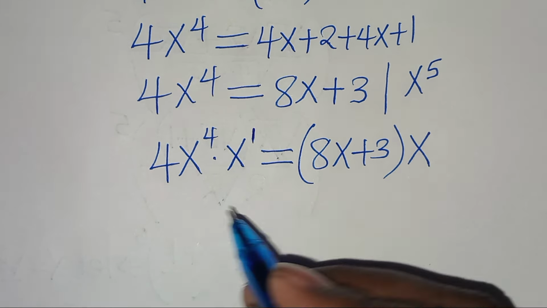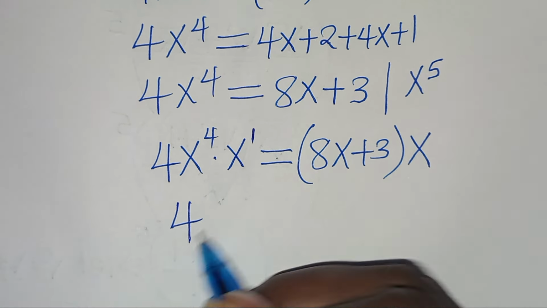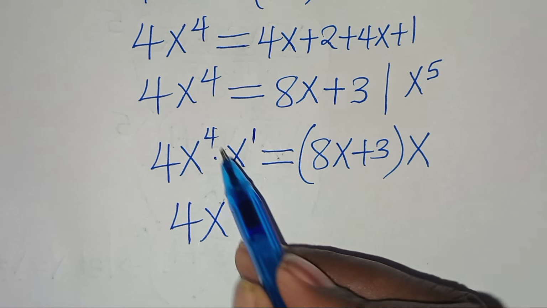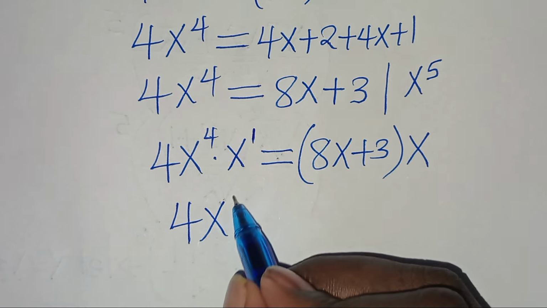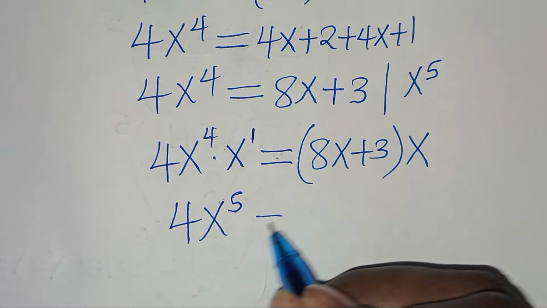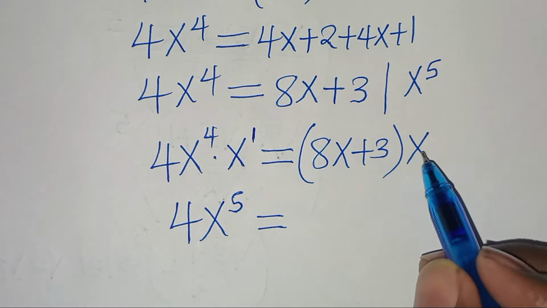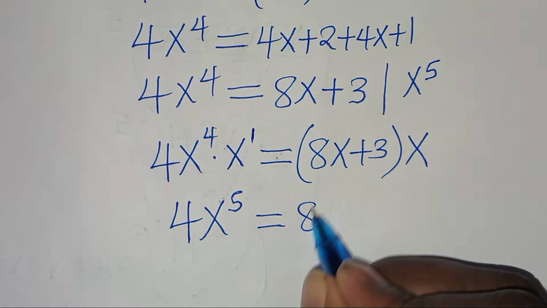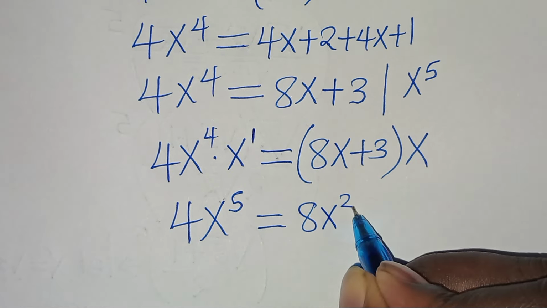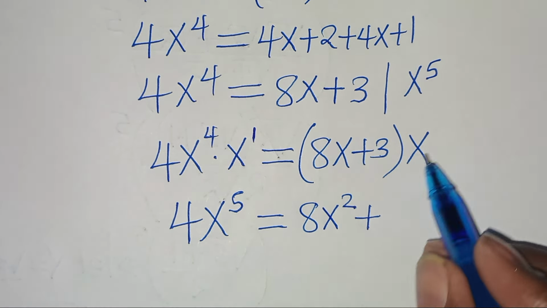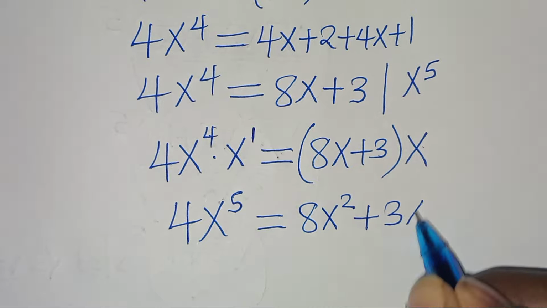So this implies that here we have 4x to the power of, now this is 4 plus 1, this is 5, and this is equal to 8x times x. This is 8x to the power of 2, then plus 3 times x. This is 3x.